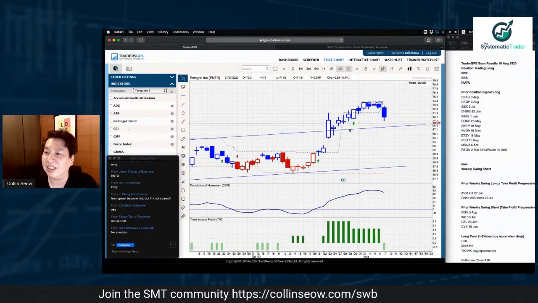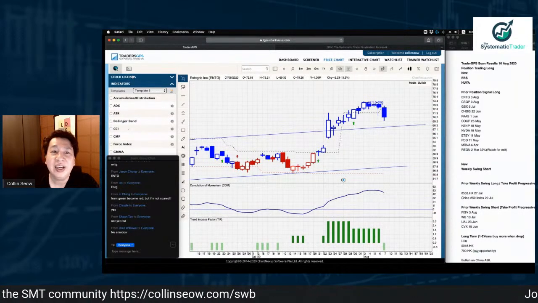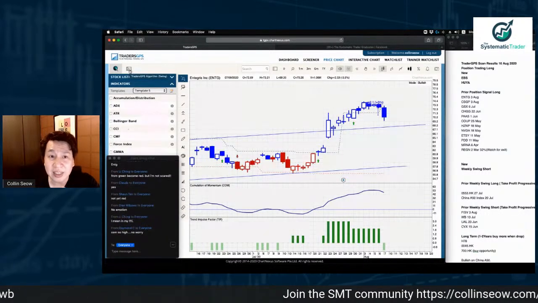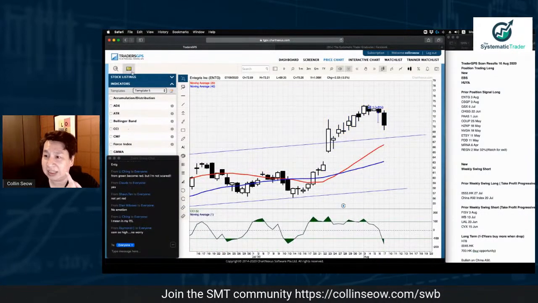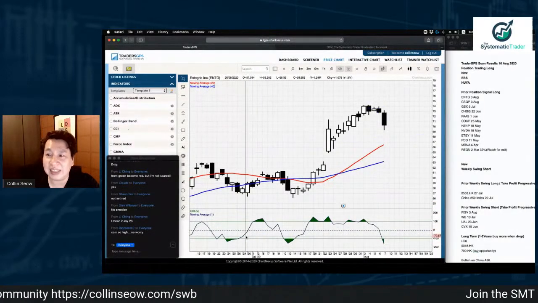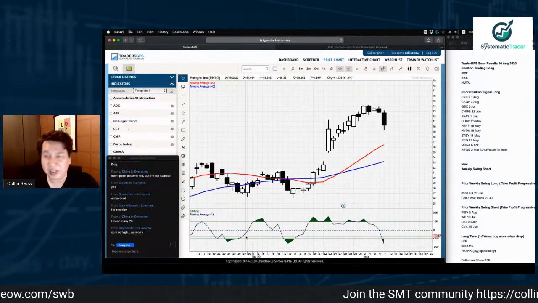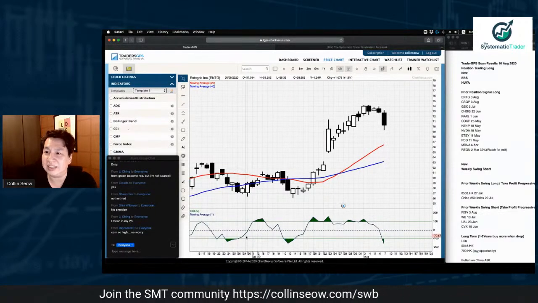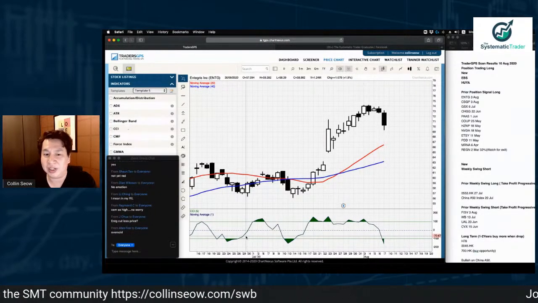So now is pullback. Sometimes if you want to look at the trend, you can also look at this to help you understand context. What is the context? What do you think is the trend? Uptrend or downtrend?